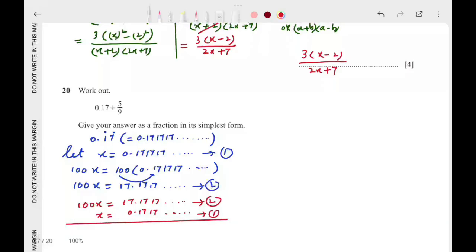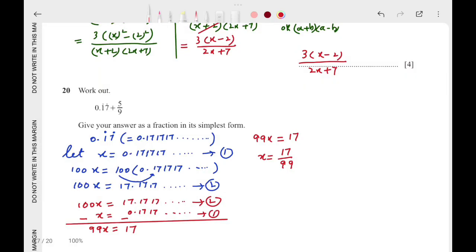So it would be 99x is equal to 17. Now 99x is equal to 17, so we have to divide 17 by 99.